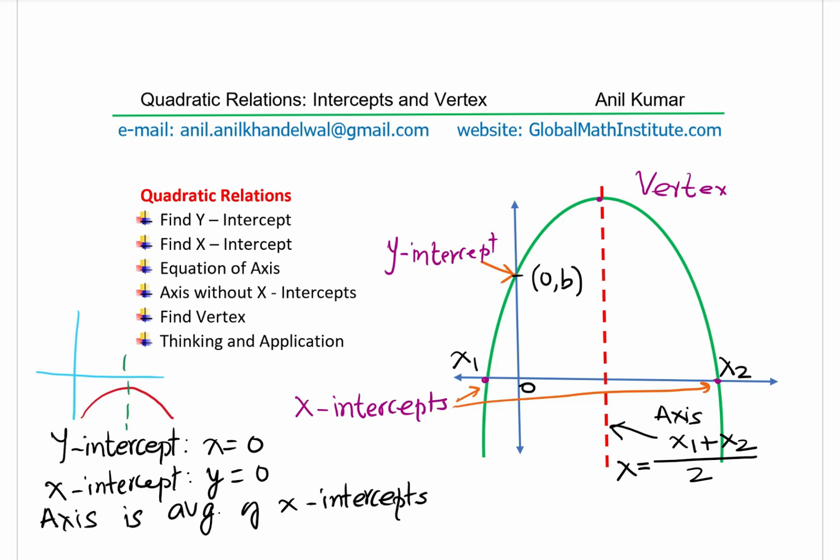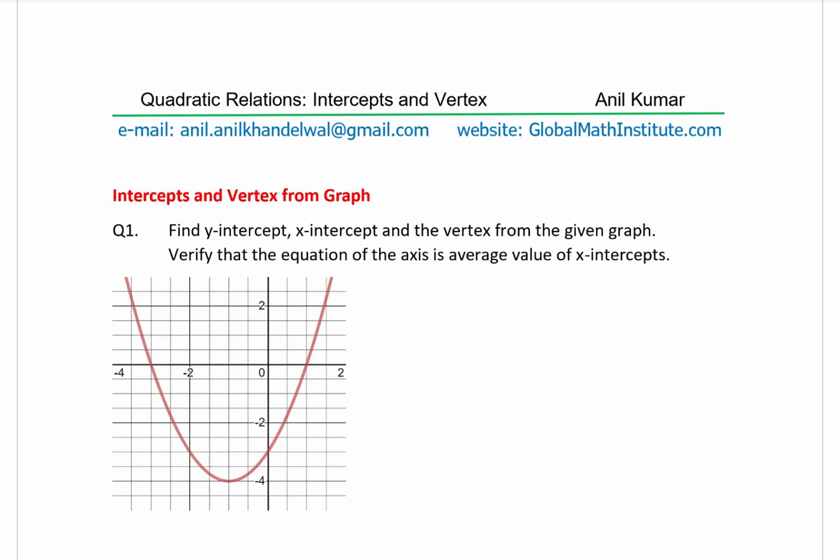So we'll take this example under thinking and application questions. And also, we'll look for conditions when such things may happen. So with that small introduction to quadratic relations, let's move on and answer a few important questions.